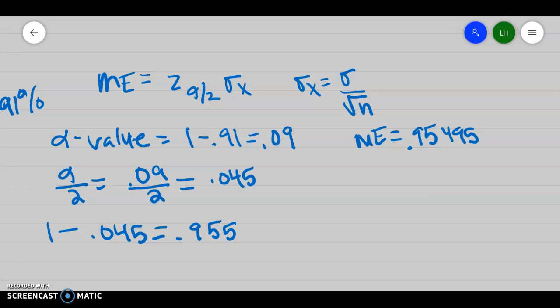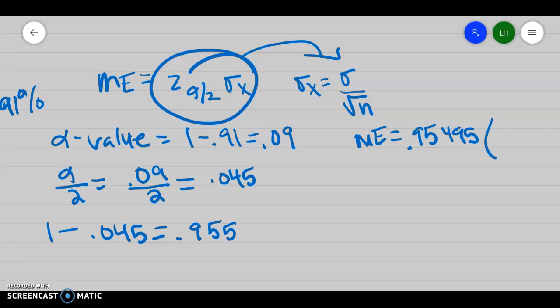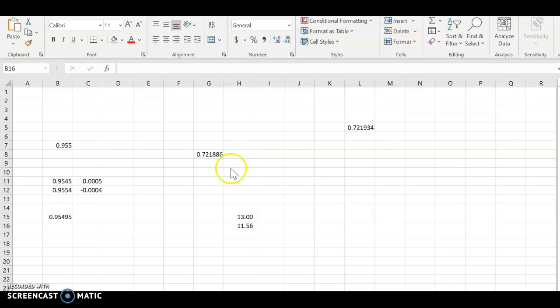And then this is what we're doing, and to get the standard error, we're going to do times the standard deviation, which is 45, divided by the square root of 44. So let's do that. I know I got a lot of numbers here. Let me get some of these out of the way.